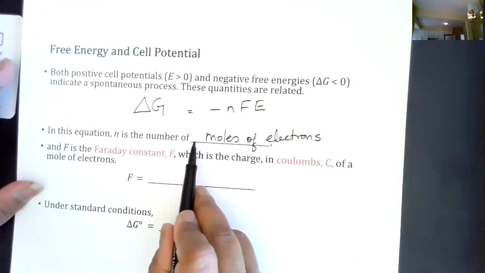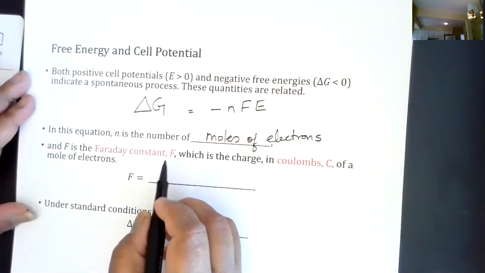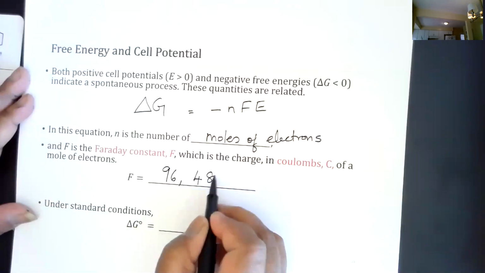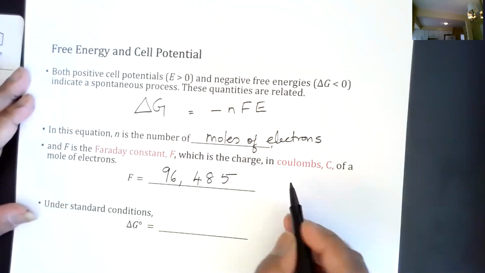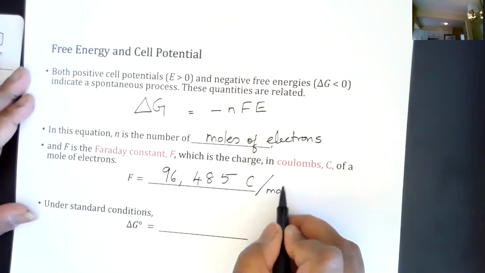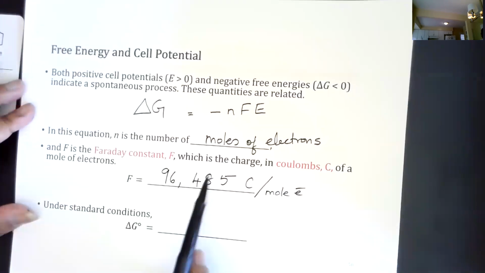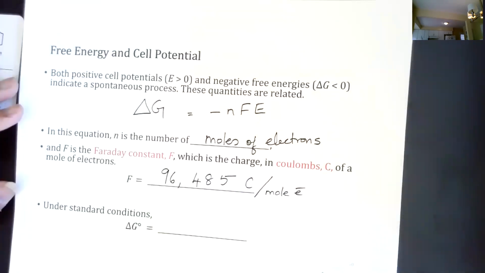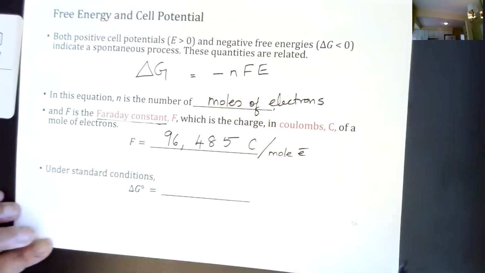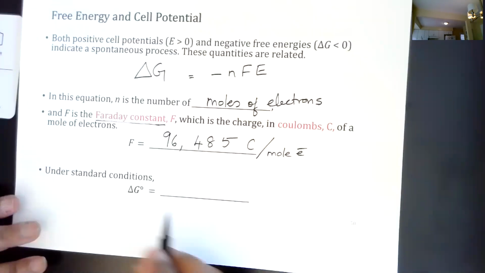So it's that number, okay? Faraday, this is a constant that'll be given to you, like the value R. This is so many coulombs per mole of electron. So that's why you multiply this by moles of electrons. And this is called the Faraday constant. Okay, that's coulombs, by the way, electric charge.